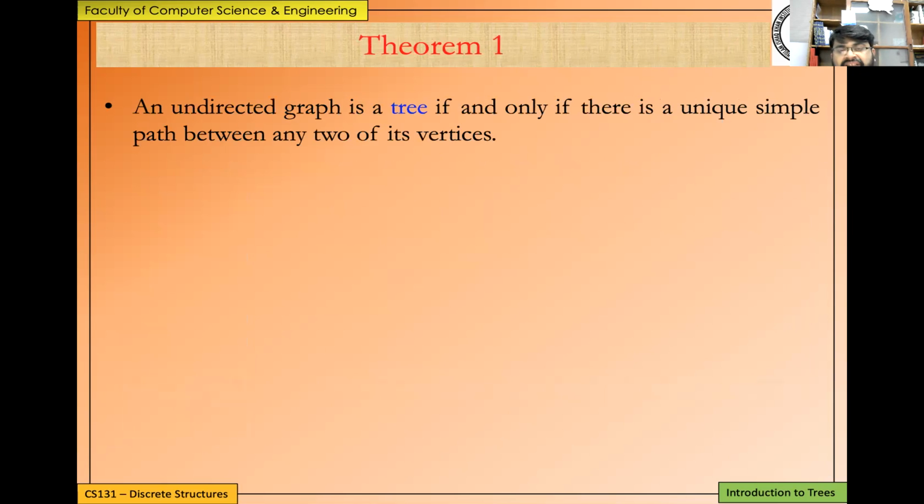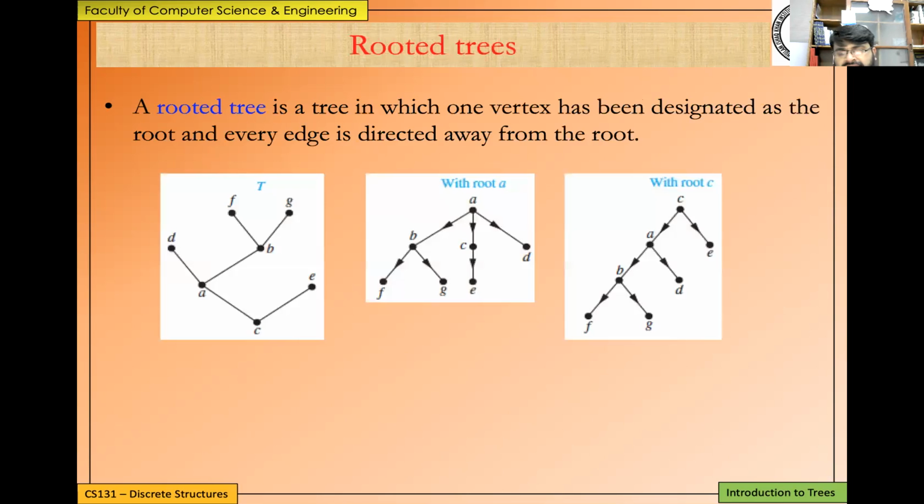An undirected graph is a tree if and only if there is a unique simple path between any two of its vertices. So you pick any two of the vertices of a tree, and it is always going to result in a unique simple path, right? If that is true, then the undirected graph is a tree for sure. And since this is an if and only if, the vice versa is also true.